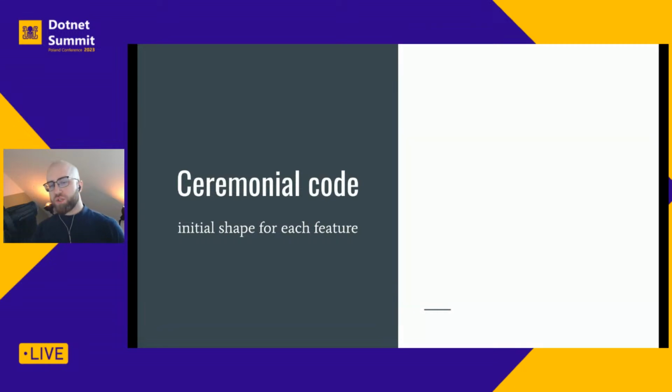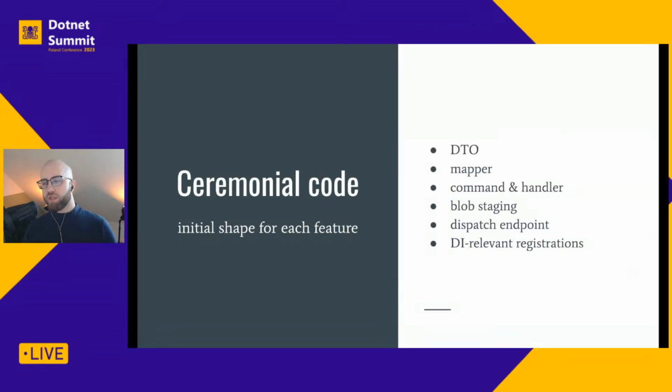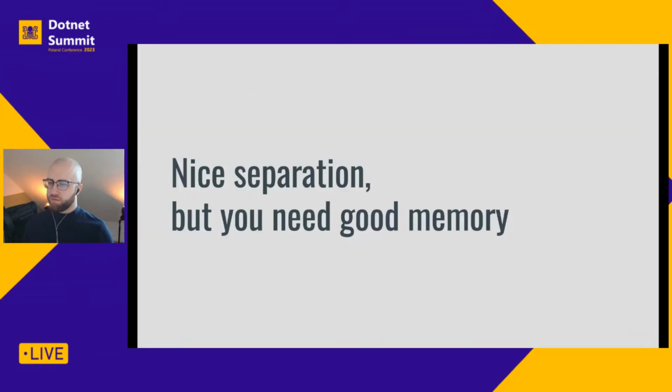All right. So the initial shape for each feature was sort of like this. You have the DTO, mapper, command and handler, blob staging, dispatch endpoint, and dependency injection relevant registrations, not only in the constructor, but also in the IServiceCollection, since it's all separated. You have a lot of that ceremonial code. It's a great separation, but you need good memory.